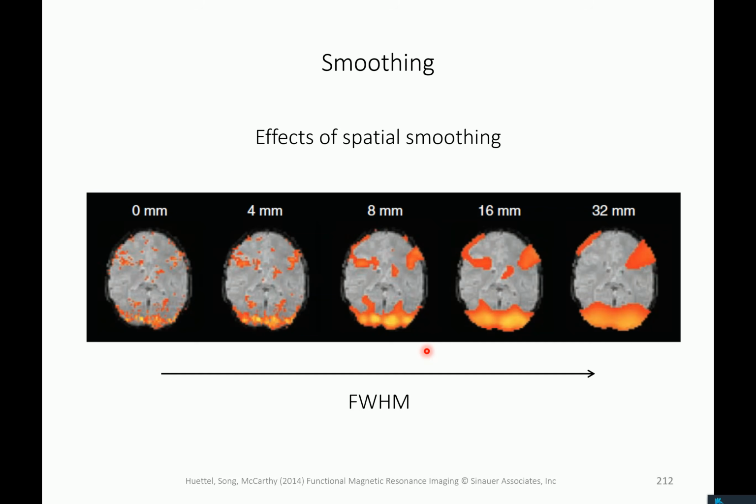It's just a parameter, and you can convert the standard deviation of the Gaussian into the full width at half maximum with this little formula with the ln. If you want the proof, that's in the paper on random field theory.